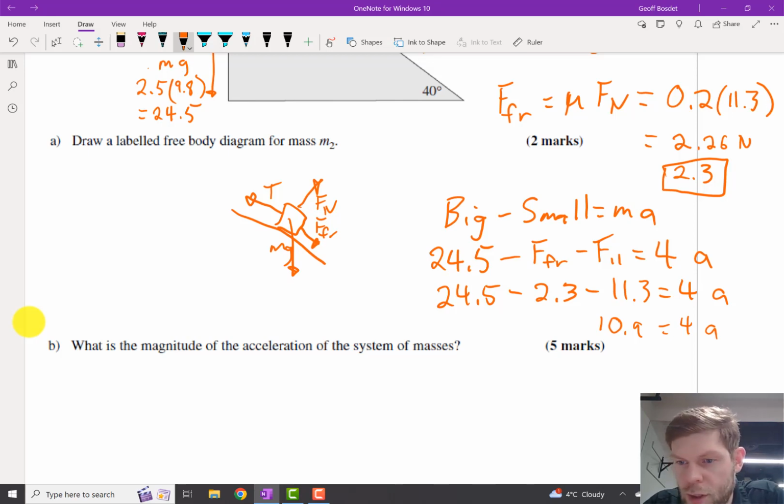Yes. All right, so then we divide by 4. And so A is equal to 10.9 divided by 4, which is just equal to 2.7. Let's go with that. There we are.